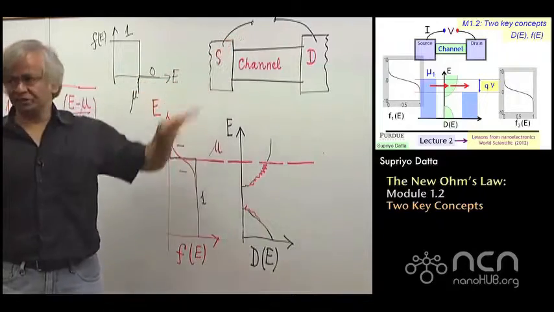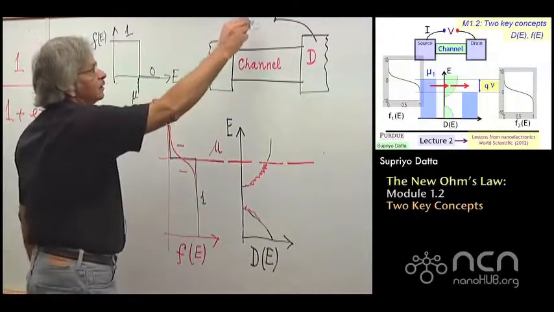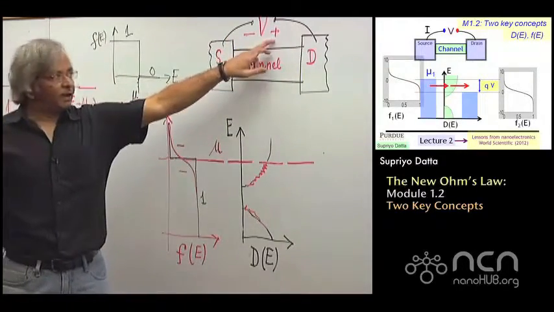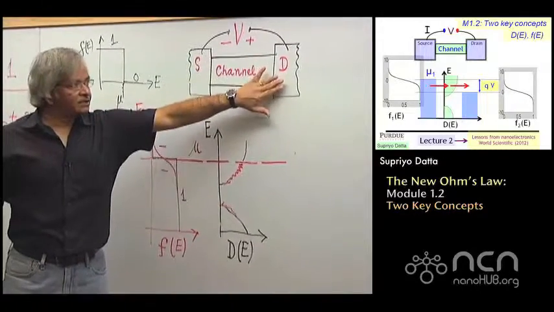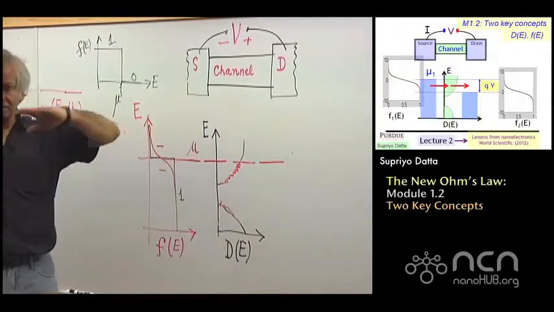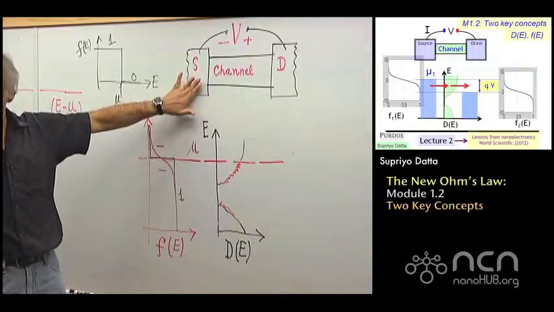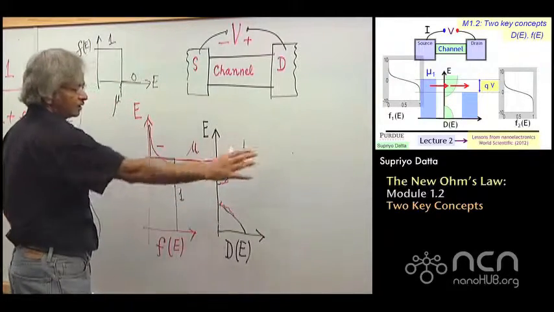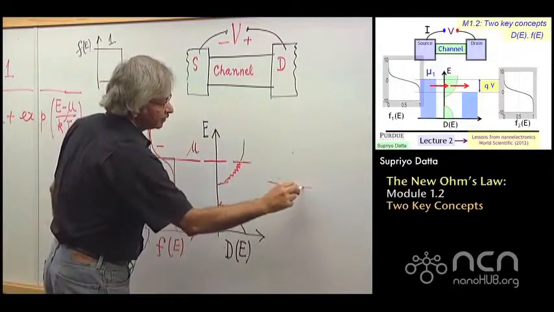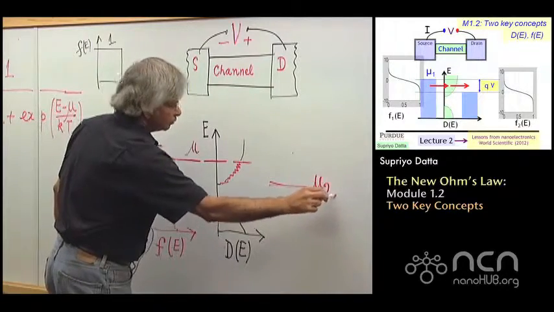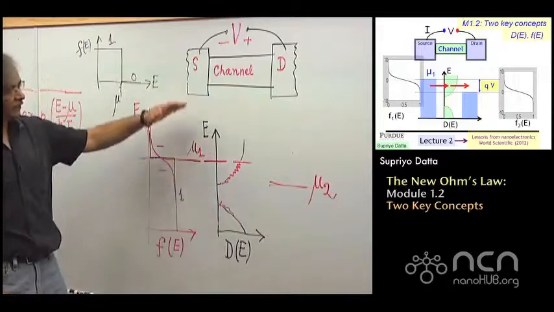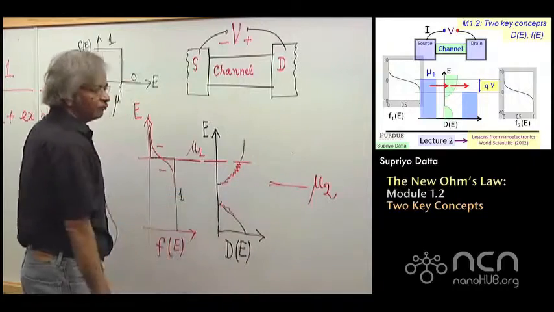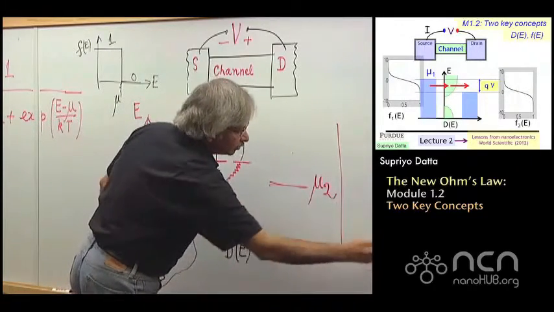Now, when you apply a voltage across it, so let's say you have a negative here and a positive here, what the positive voltage does is, it takes what is in this contact and lowers it with respect to what is in this contact. So, what would happen then is, when you looked at the other contact, you'd see a different electrochemical potential mu2. So, I'll have a mu1 in the left contact, a mu2 in the right contact, and if I was to plot the Fermi function in the right contact, it would look something like this.